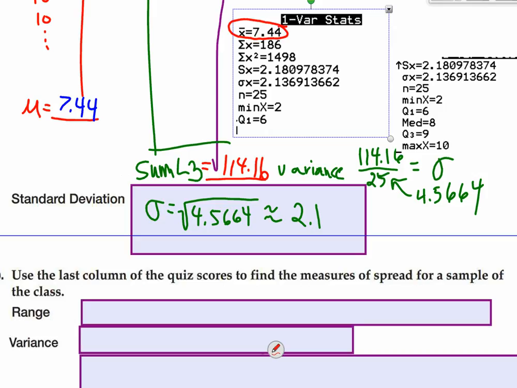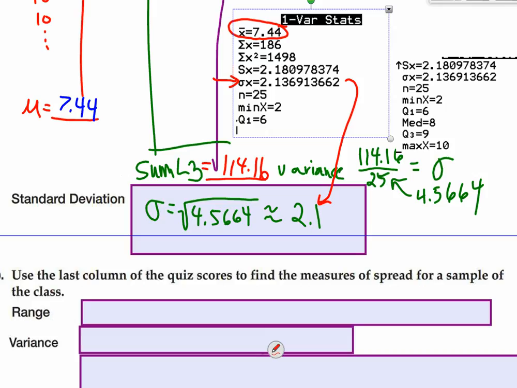So the mean was there. This is the standard deviation that we just calculated. Now, remember at the beginning I asked you, is that the population or is it a sample? Well, if it had been a sample, now listen carefully to this.